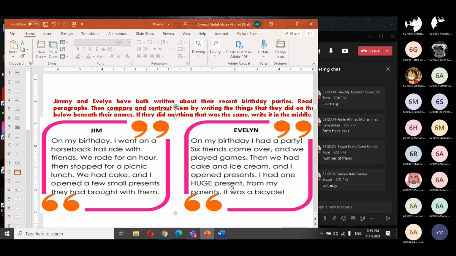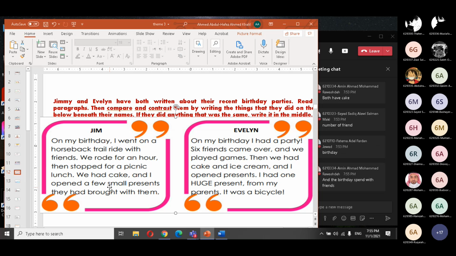Okay, one present. Okay, but we can use this in the differences. Let us say what's different. What are the differences? Activity. Small friends. Presents. Here there is a huge present, here few small presents. Okay.